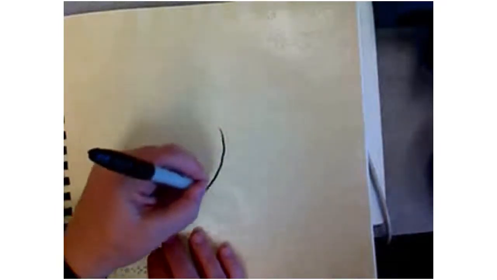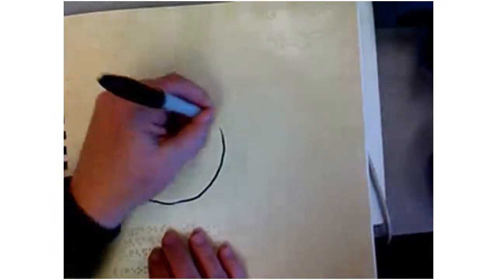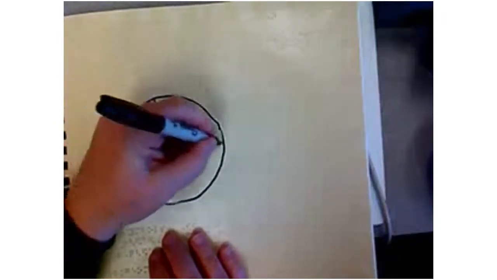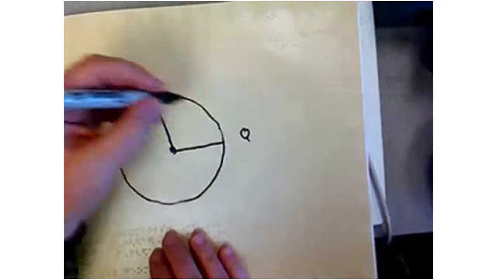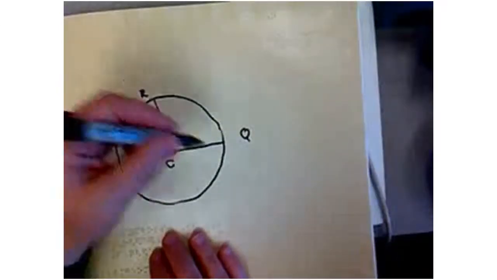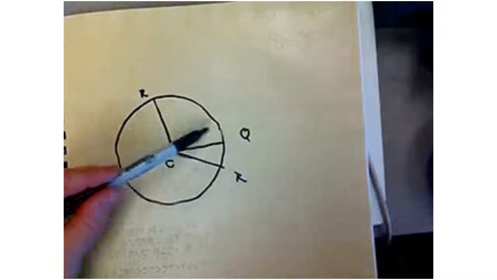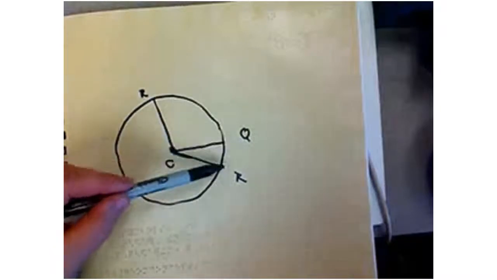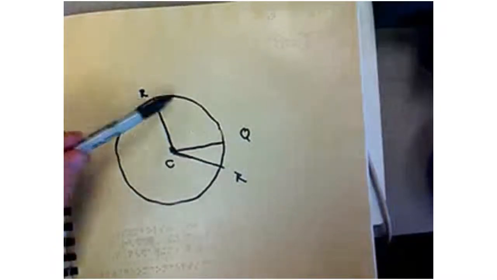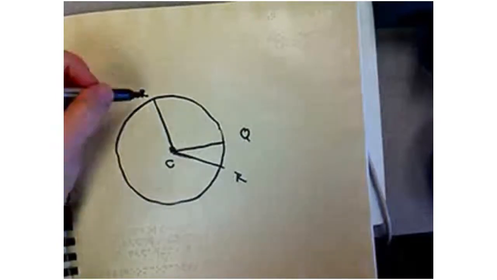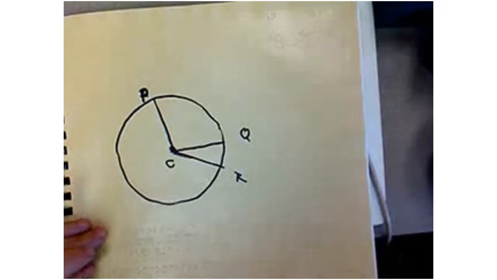It has a circle, and in symbols, it's showing that one of the angles, PCQ, is right next to QCR, and those combine so that arc PQ combines with arc QR to create arc PR.